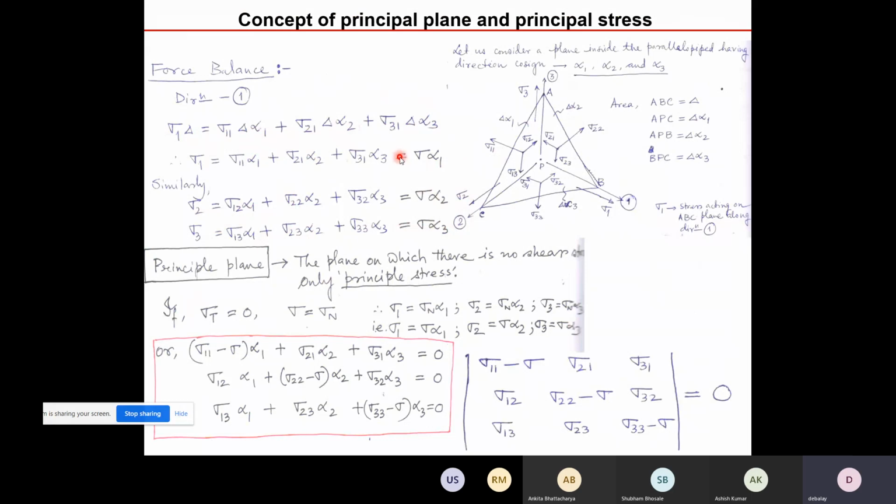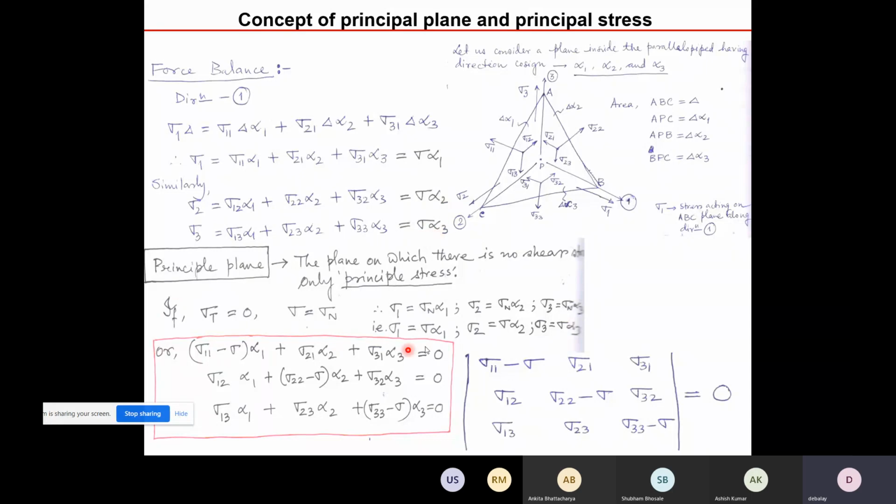So straight away I can write it as sigma alpha 1. Sigma 1 I can write as sigma alpha 1 because sigma equals sigma n, normal stress. Similarly, sigma 2 I can write as sigma alpha 2. Similarly, sigma 3 I can write as sigma alpha 3.